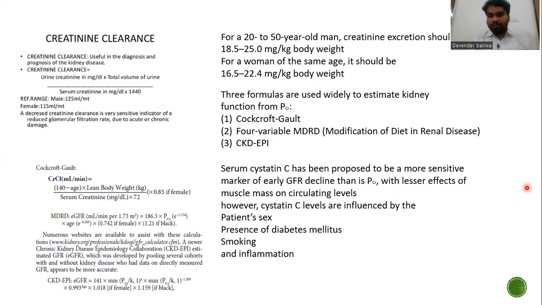So right now, in practice, we use the serum creatinine value with the Cockcroft-Gault equation, the four-variable MDRD equation or CKD-EPI to calculate the estimated GFR. If somebody's kidneys are functioning very well, then your eGFR will be roughly around 100 to 125. As kidney function decreases, your estimated GFR will also decrease.